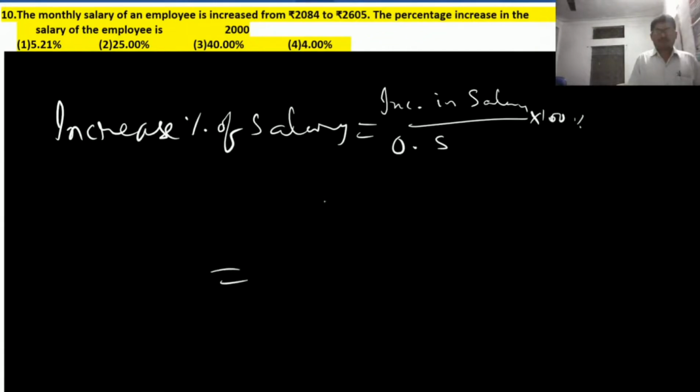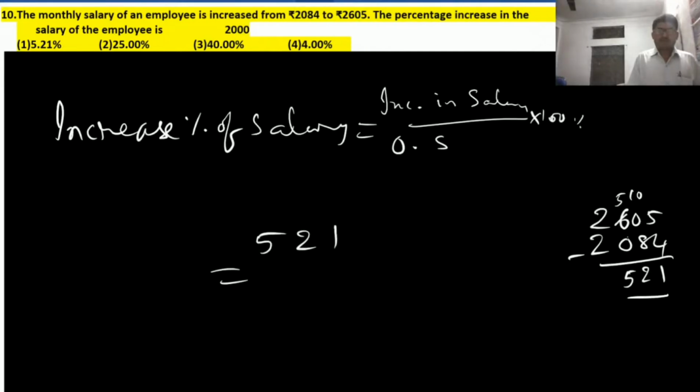Increase in salary: how much increase? 2605 minus 2084. 10 minus 8 is 2, giving 521.